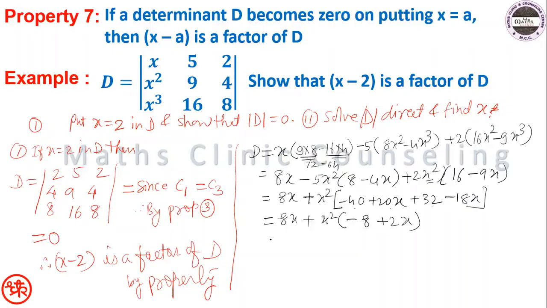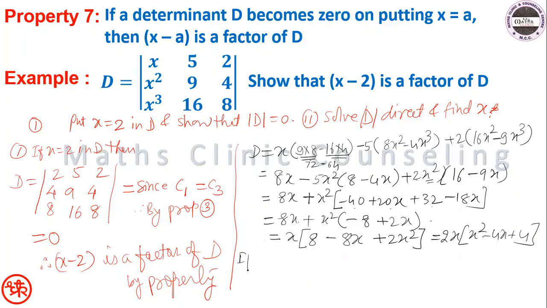Is that clear? So it is equal to, if we take x common, in the bracket you will get 8 minus 8x, and plus 2x squared. 2 also can be taken common, so you will get 2x into (x squared minus 4x plus 4).